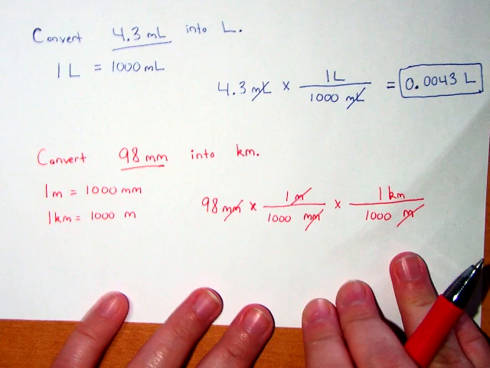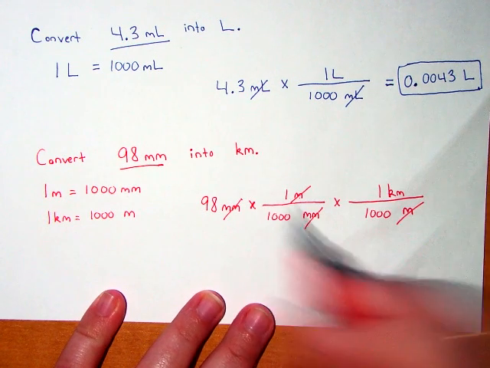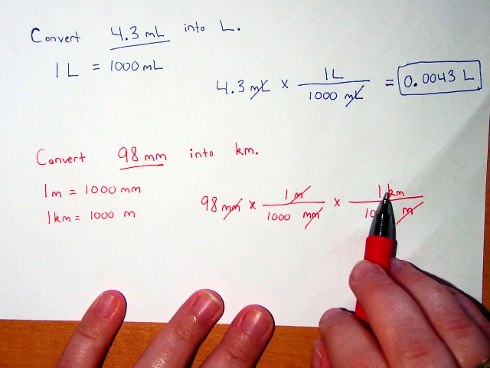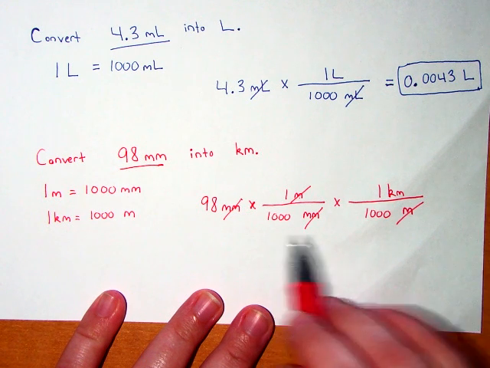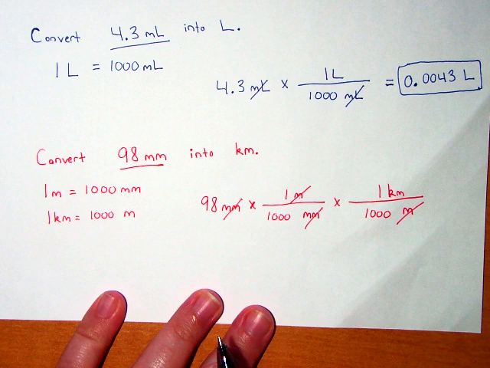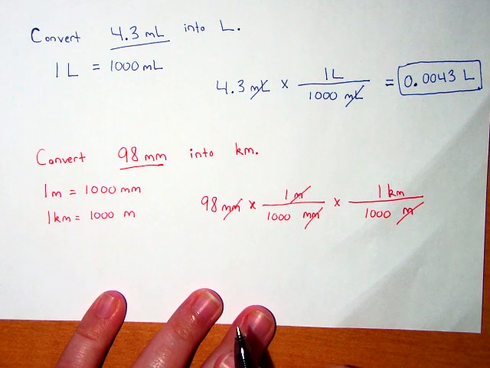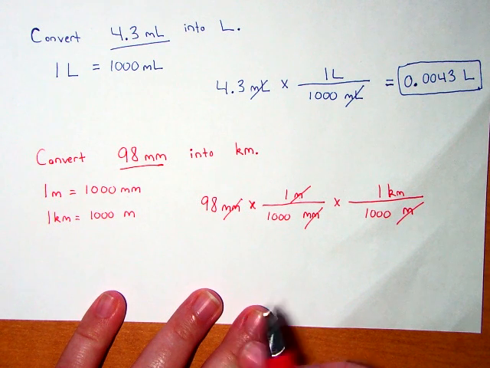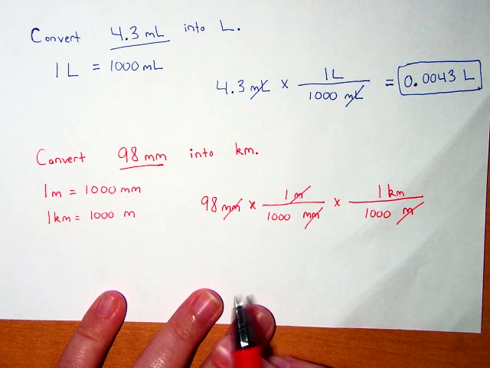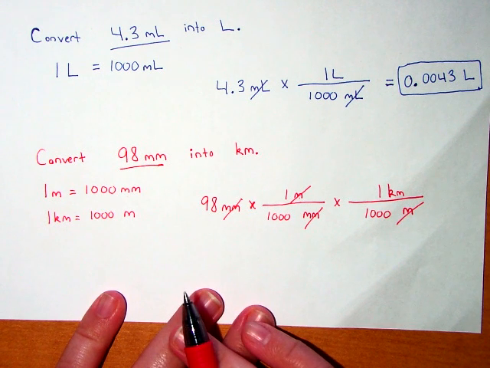All right, so let's solve. So this is going to be 98 times 1 times 1 divided by 1,000, and then divide that again by 1,000. Okay? Alternatively, if you want to set this up as a fraction, 98 times 1 times 1 over 1,000 times 1,000, that will work as well, just whatever you prefer.